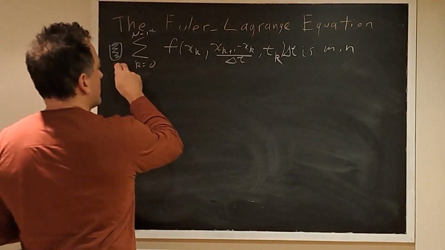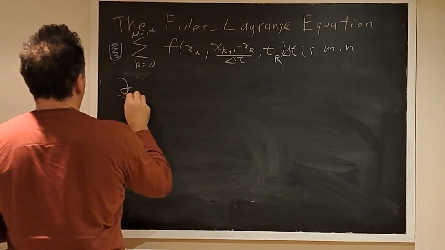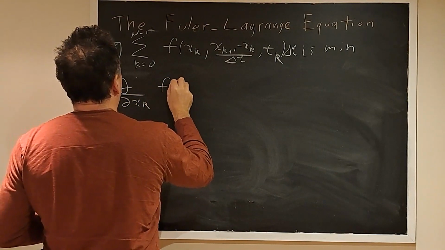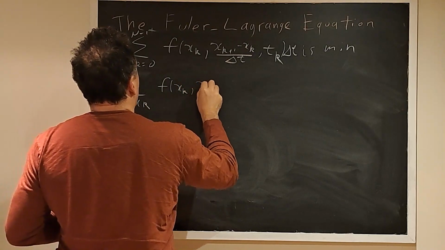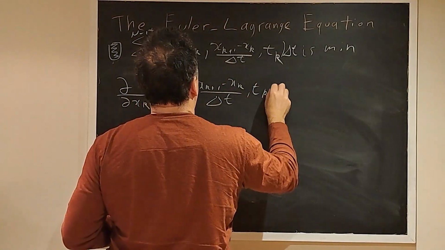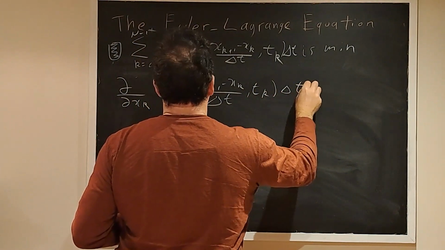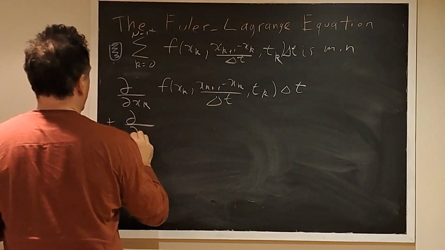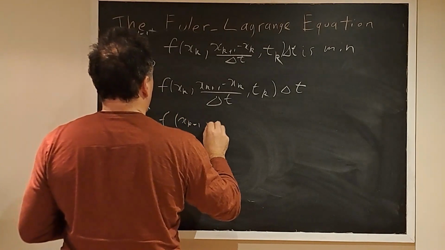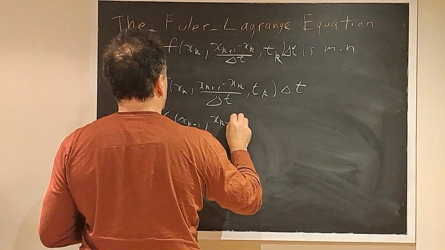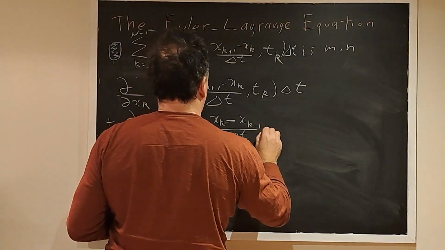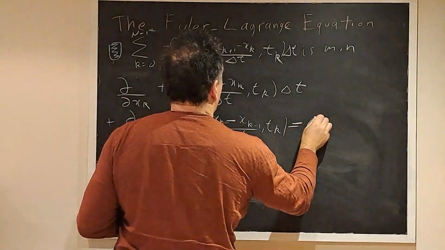So this means that to minimize this function here, we need to have the derivative with respect to xk, for all k's, of f of xk plus 1 minus xk over delta t and tk, plus the derivative with respect to xk of the previous term, f of xk minus xk minus 1 over delta t and tk, equals 0.